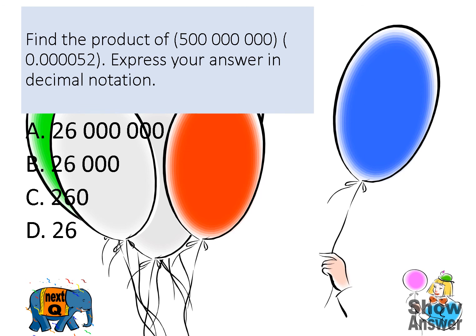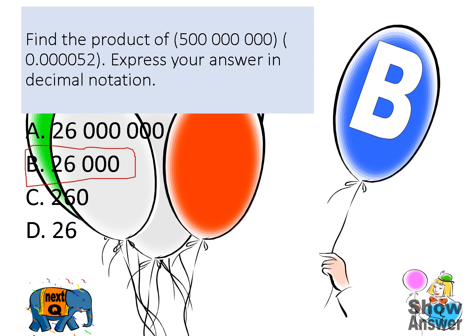What is your answer? The correct answer is letter B. So when you multiply 500 million by 0.000052, the answer is letter B, 26,000. So this is now the answer.